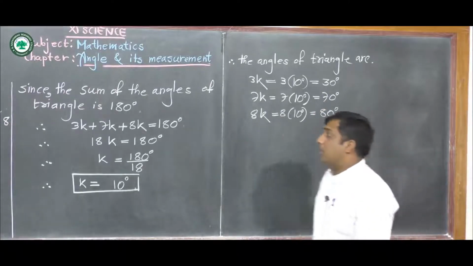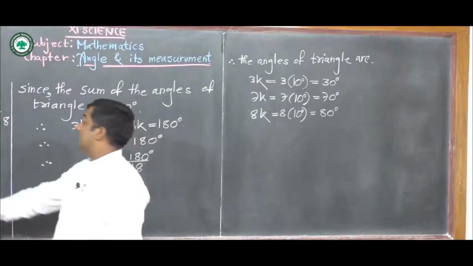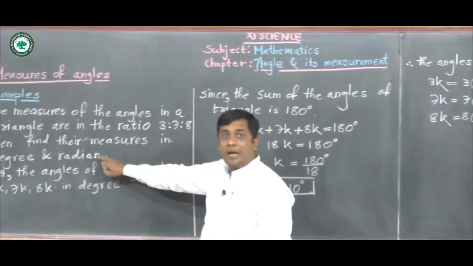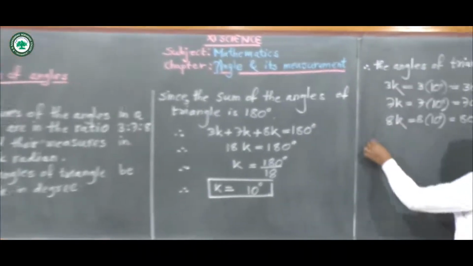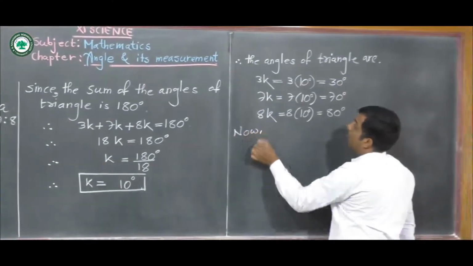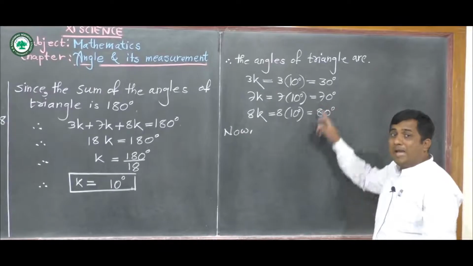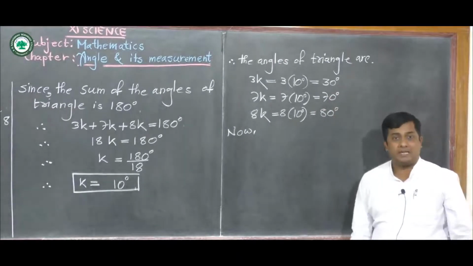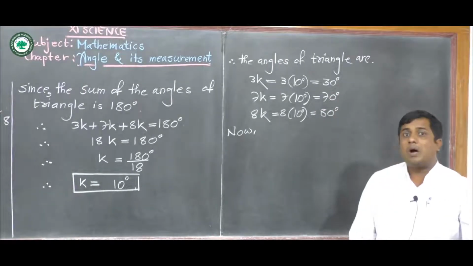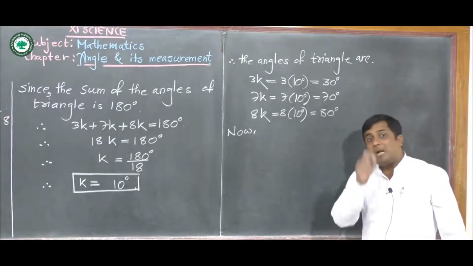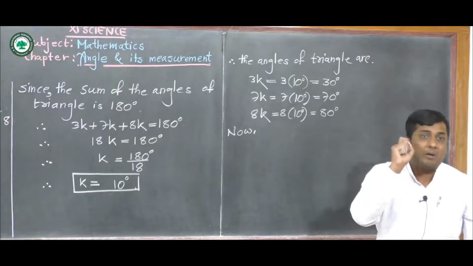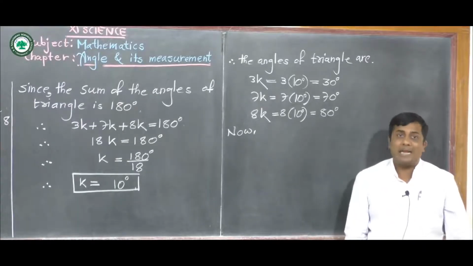Now we have to find the angles in radians. So we have to convert these measures into radians. And we know that to convert the degree measure into radian measure, we multiply the given measure by pi by 180.